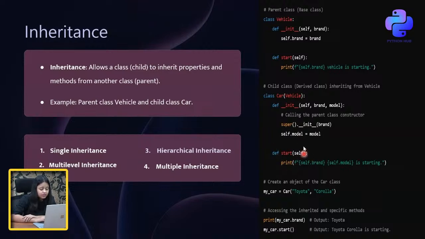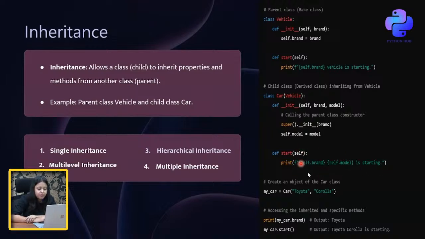Then we have again a start method. Again, the start method is overridden to give a more specific message instead of a generic one. If you can see, I've written self dot brand, self dot model is starting.